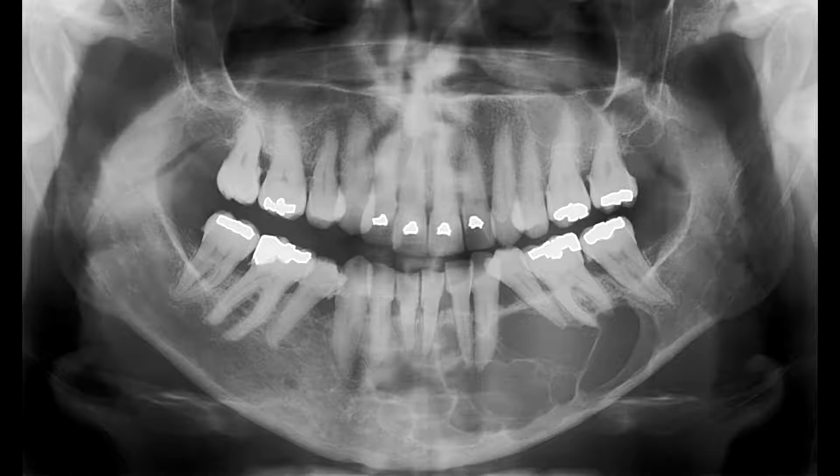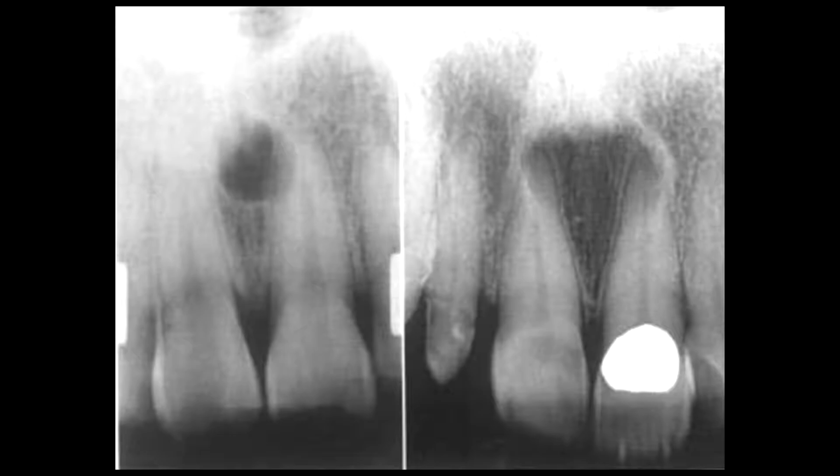microscopic. Nasopalatine canal cyst. The cause is developmental and it affects men more than women, and the common age is 40 to 60 years old. It is located in the anterior maxilla, the nasopalatine canal, and also the incisive papilla. Clinically, it's asymptomatic, but it can appear as a pink bulge at the incisive papilla area.